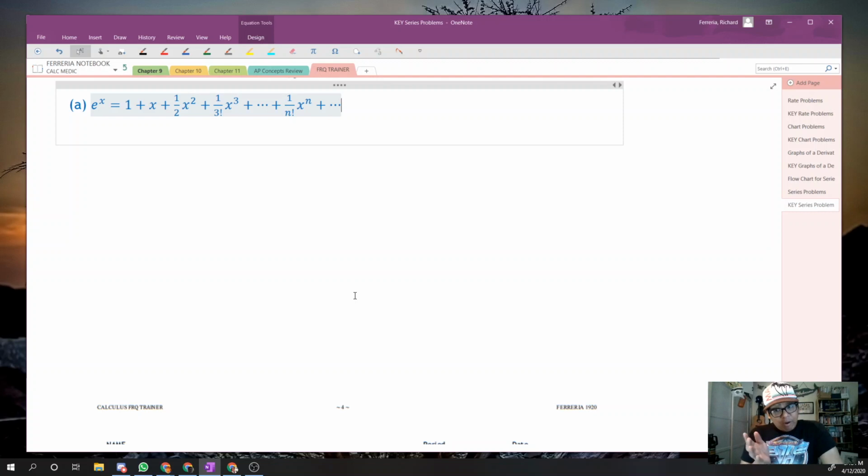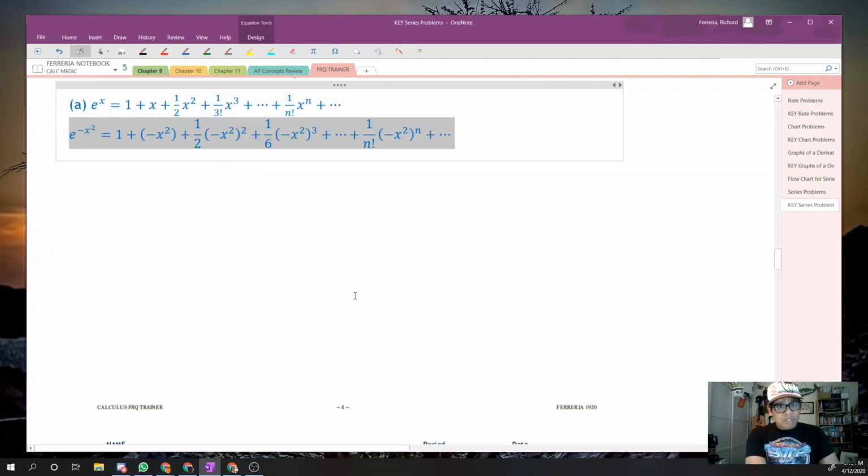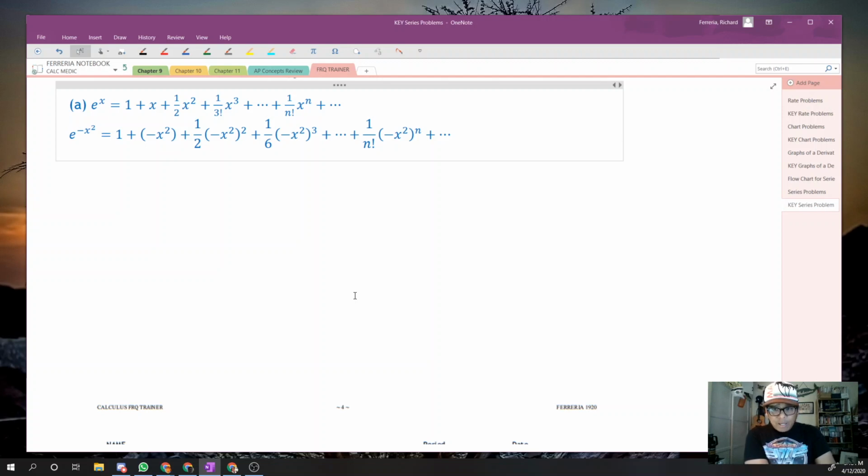So from here, through multiplication and substitution, you're going to create e to the negative x squared. For this one, all you really need to do is substitute negative x squared for x. So here I've taken every instance of x and substituted it with negative x squared. I'm being very careful with the algebra here.